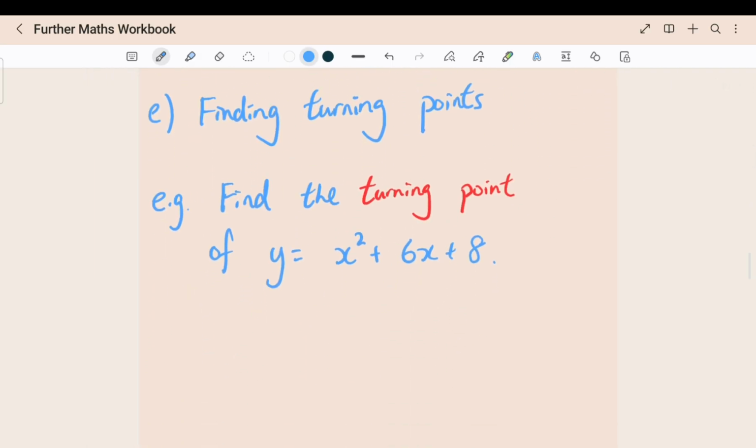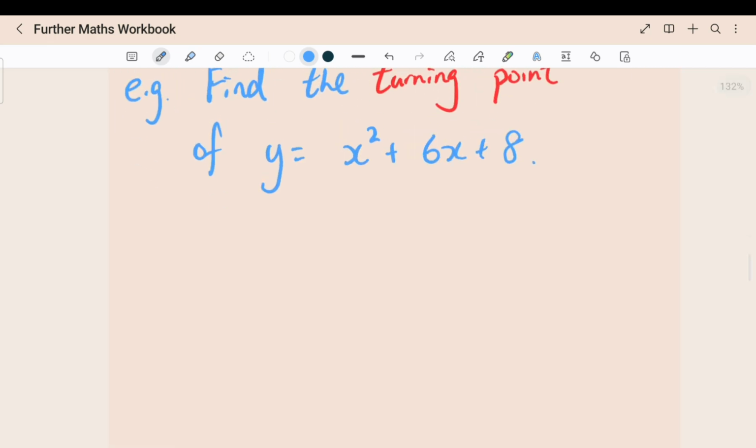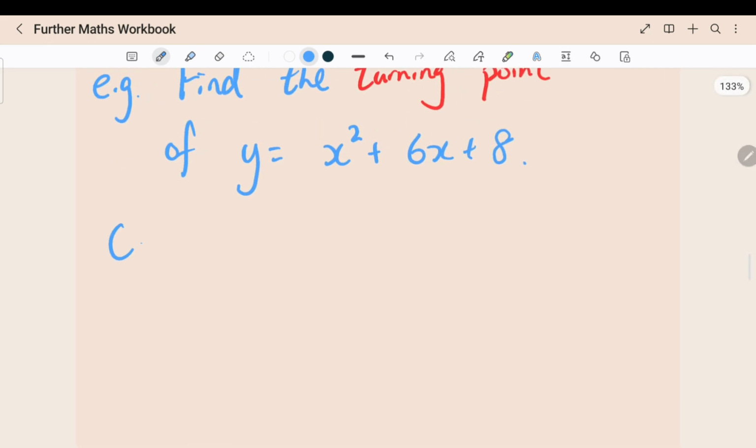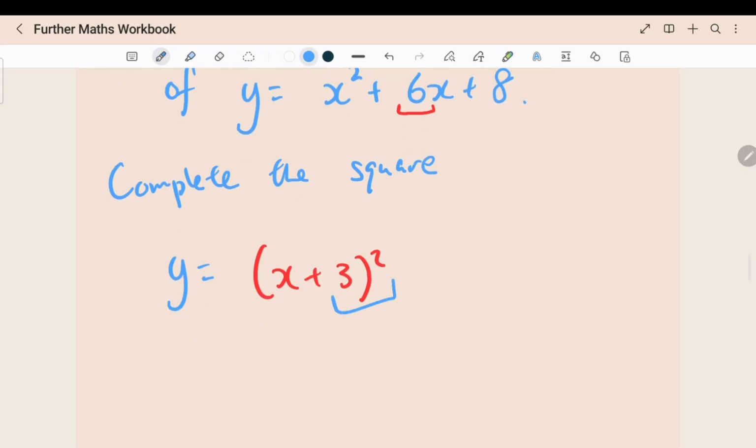Next. Okay, to find turning points, there are 2 ways to do this. We could either complete the square or we could differentiate. So I'm going to show you both methods. To complete the square for this, all I need to do is half the b term. So b is 6, so I'm going to half it and say it's 3, and then square it. And then 3 squared gives me 9.